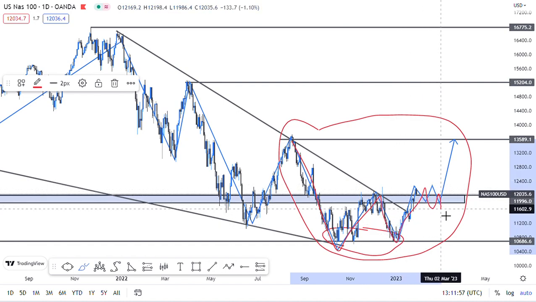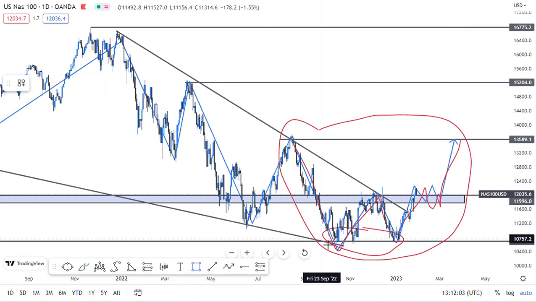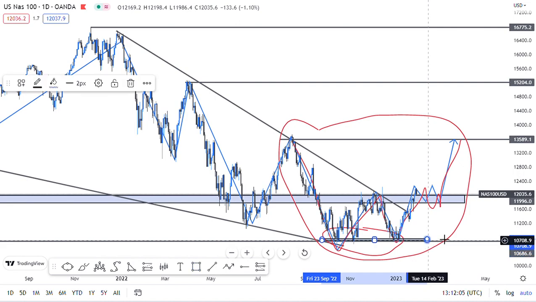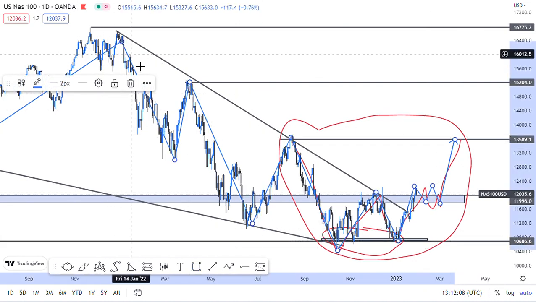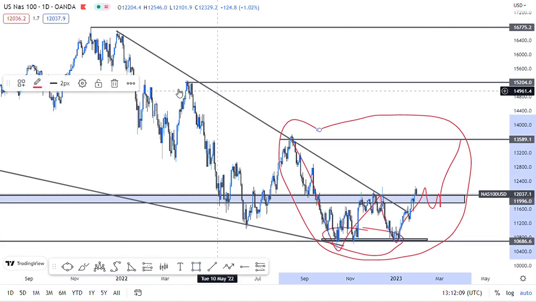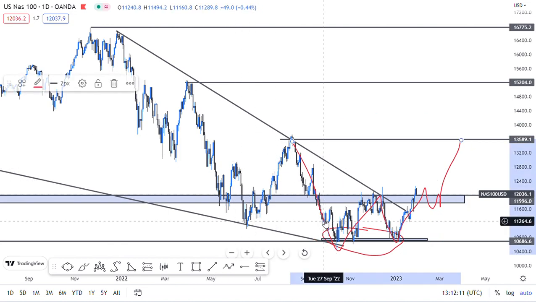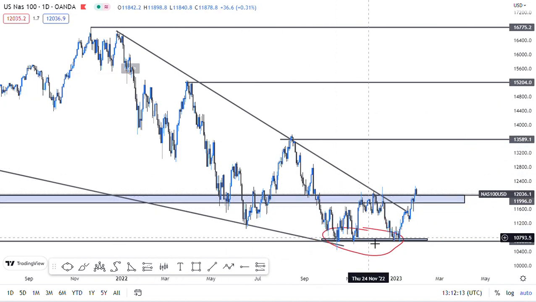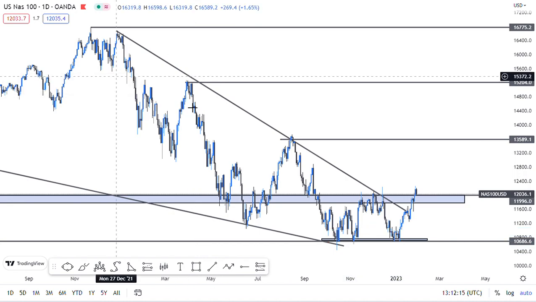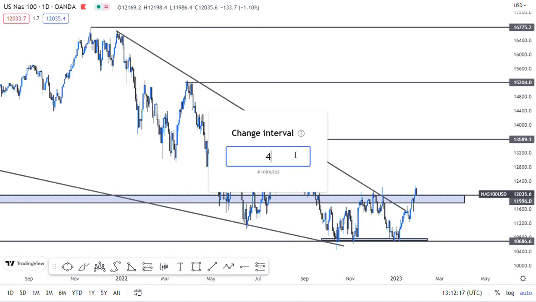And then we are just waiting for what? For a break and a retest. That's what we are waiting for. So let me just delete this and then this. That means on NAS100, I'm still looking for some buys for now.